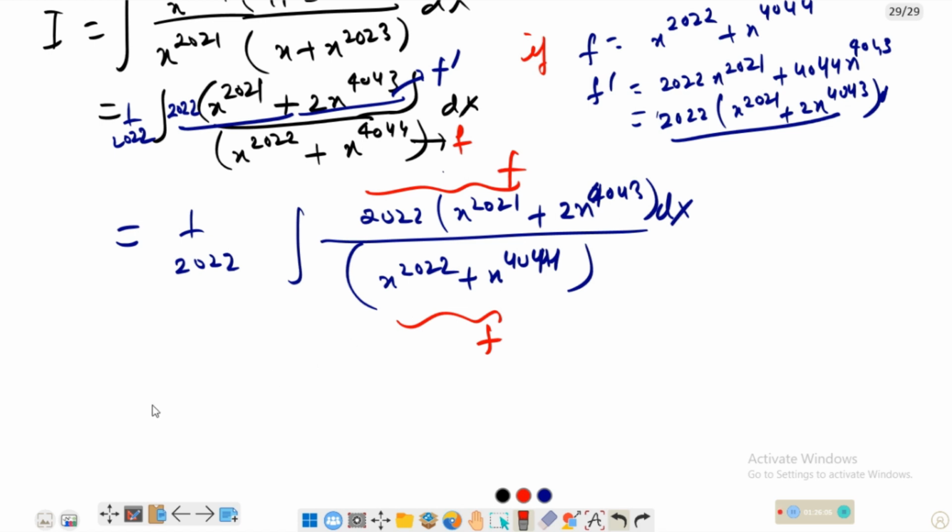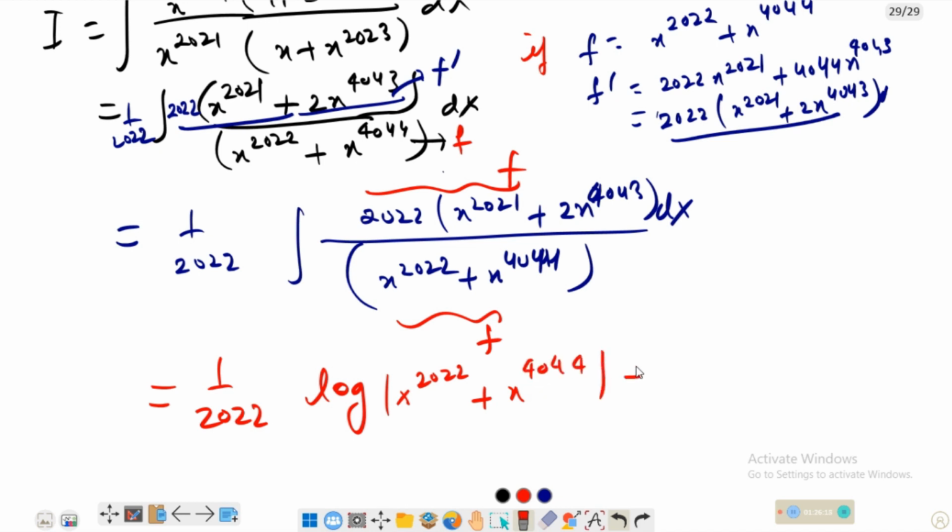So this integral is equal to 1 upon 2022 log f, where f is x to the power 2022 plus x to the power 4044. So this is our I. So we come to our next question. What is our next question?